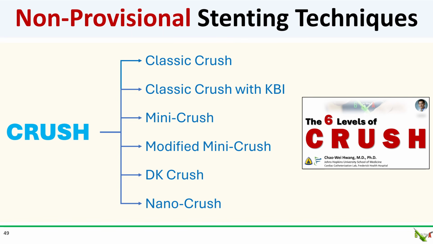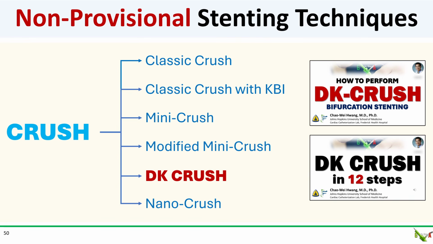You should check it out if you want to learn how these techniques came about and how they are done in more detail. Now, of all the different crush techniques, by far the most popular these days is double kissing crush or DK crush. I've made 2 videos on how to do DK crush step by step, and you're welcome to check those out.